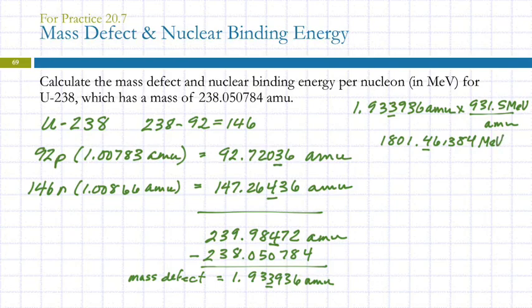Per nucleon, what are we going to divide by? 238. The number of nucleons. Divided by 238 nucleons, and we're going to get 7.569 mega electron volts per nucleon.